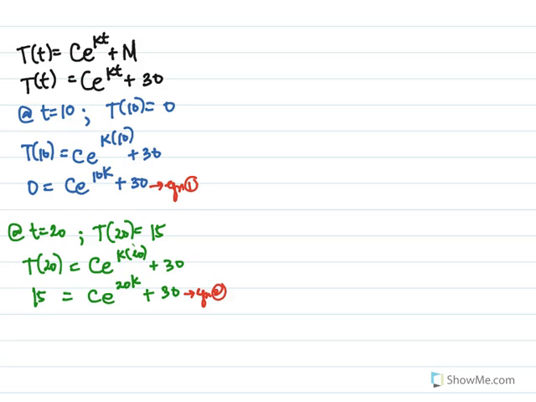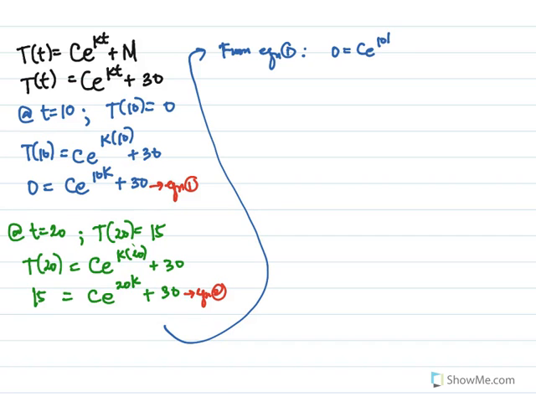Now, from equation 1, we can say that 0 equals Ce to the 10K plus 30. So we can say here that your C is equal to negative 30 over e to the 10K.